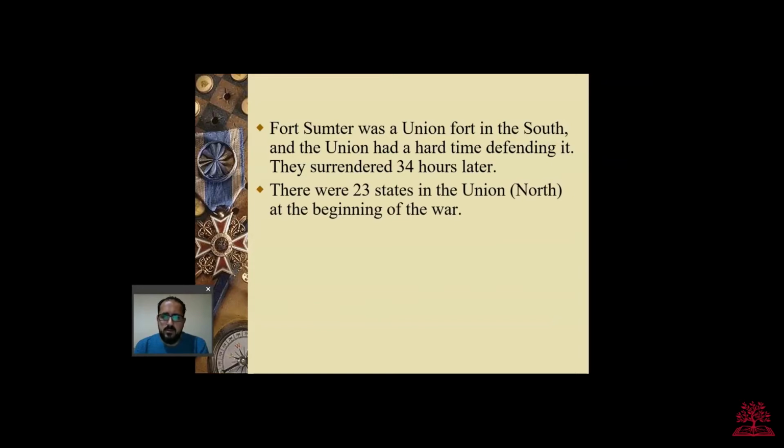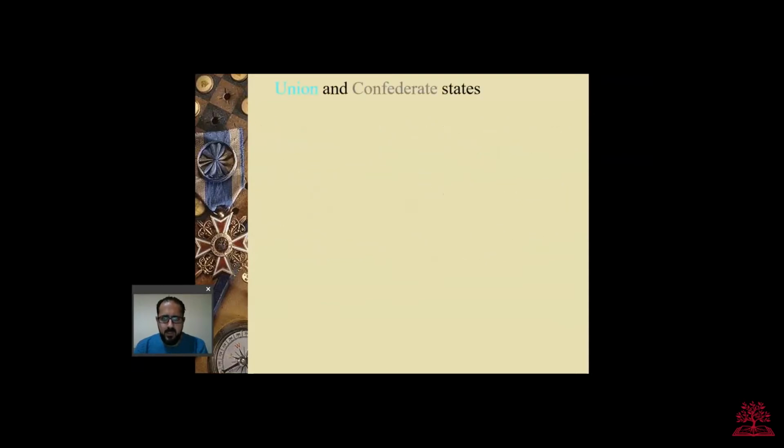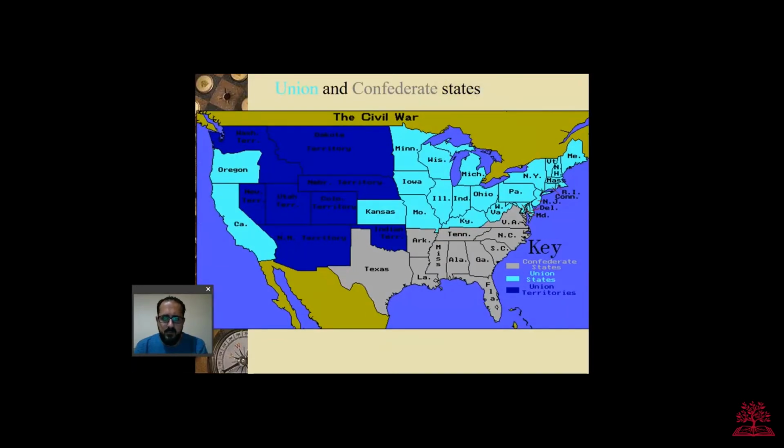There were 23 states in the Union, the North, at the beginning of the war, and there were 11 states in the Confederacy in the South at the beginning of the war. Now, Union and Confederate States. Now we're going to see a map.